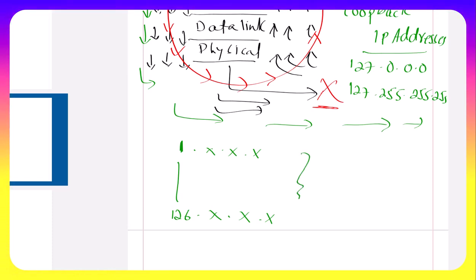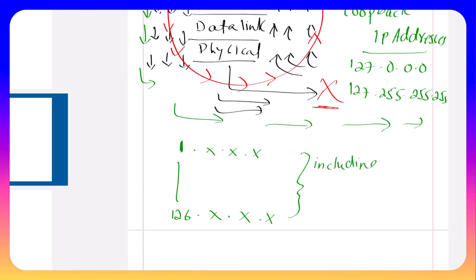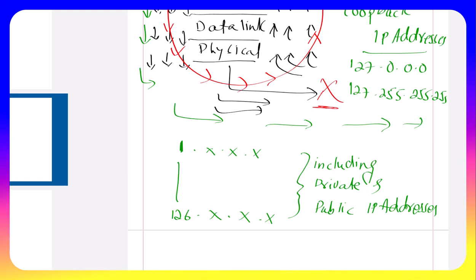This range includes both private and public IP addresses. What are public and private IP addresses? We will have a separate session about this, and maybe in our next video we will discuss the public and the private.